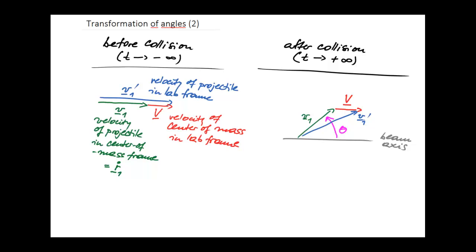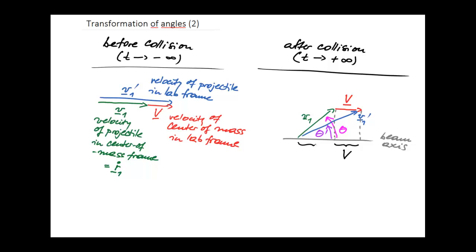Now the blue vector is tilted against the beam axis by a different angle, and that is the angle that we measure in the lab. That's theta primed. Now in this geometric picture we can calculate certain lengths. For example, this length here is just the velocity of the center of mass, absolute value, and we denote that simply by a capital V without the vector symbol.